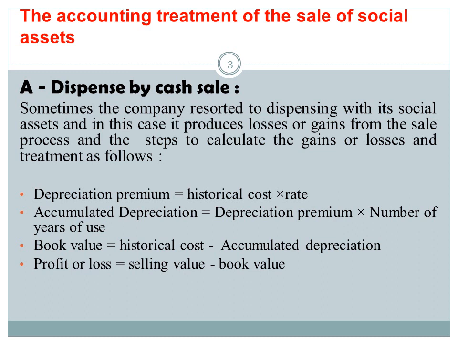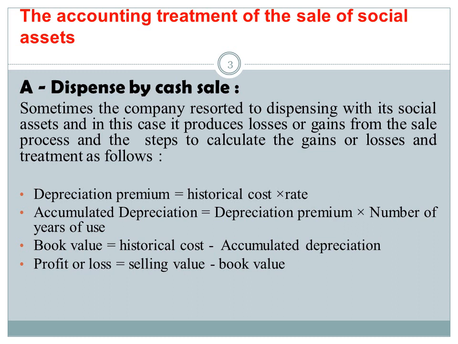Disposal by cash sale. Sometimes the company resorts to disposing of its social assets, and in this case it produces losses or gains from the sale process, and the steps to calculate gains or losses and treatment are as follows.